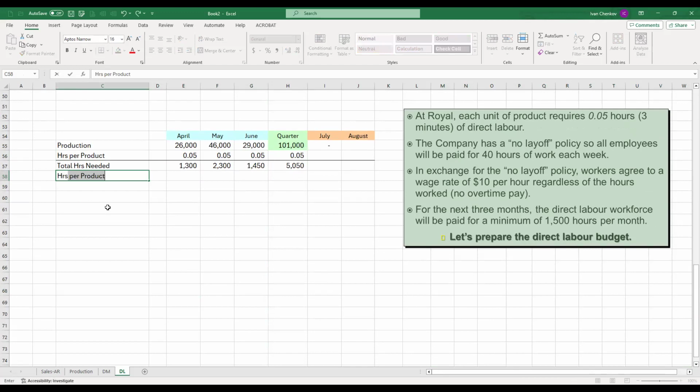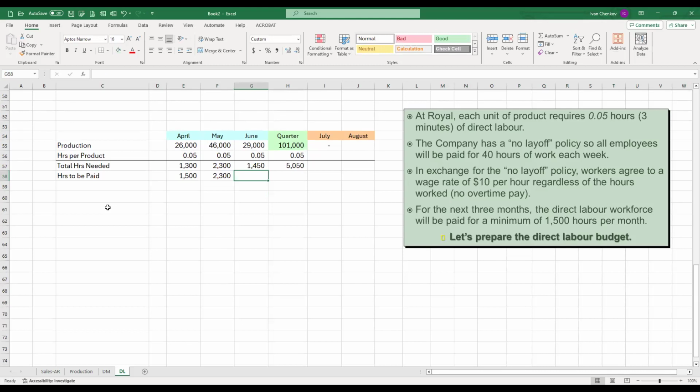Hours to be paid. Here will be 1,500, correct? How many hours we gonna pay in May? 2,300.